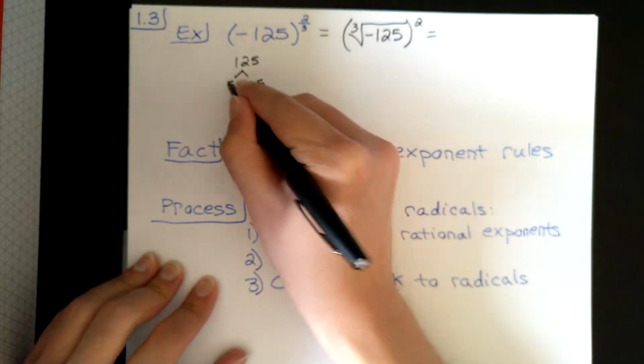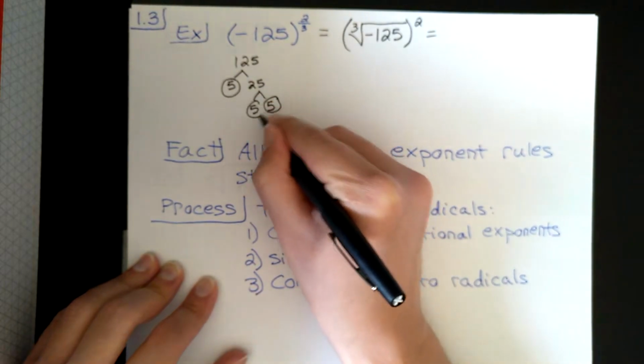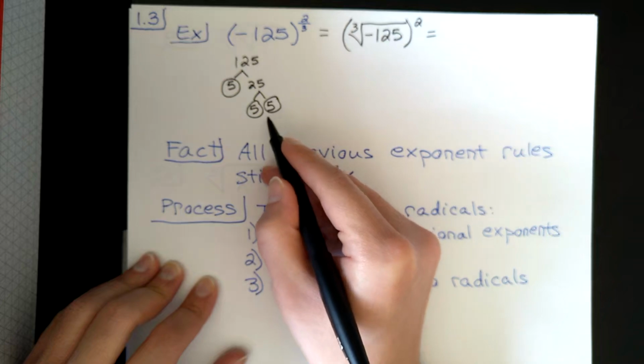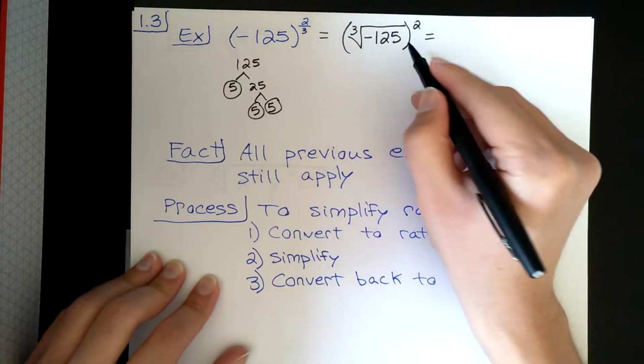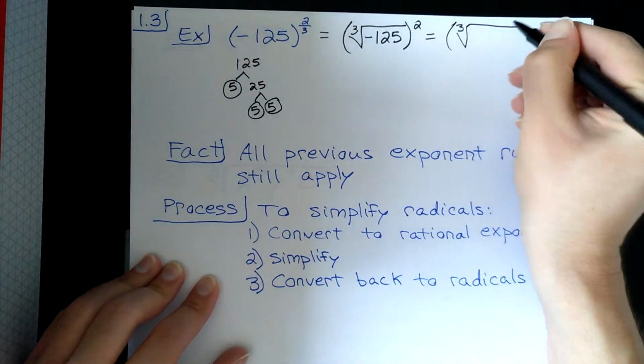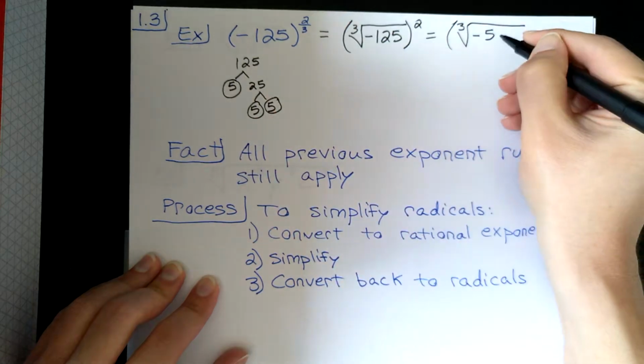And 25 is just 5 times 5. We have all of our prime factors circled, so we know not to continue from there. So we end up getting the cube root of negative 5 times 5 times 5.